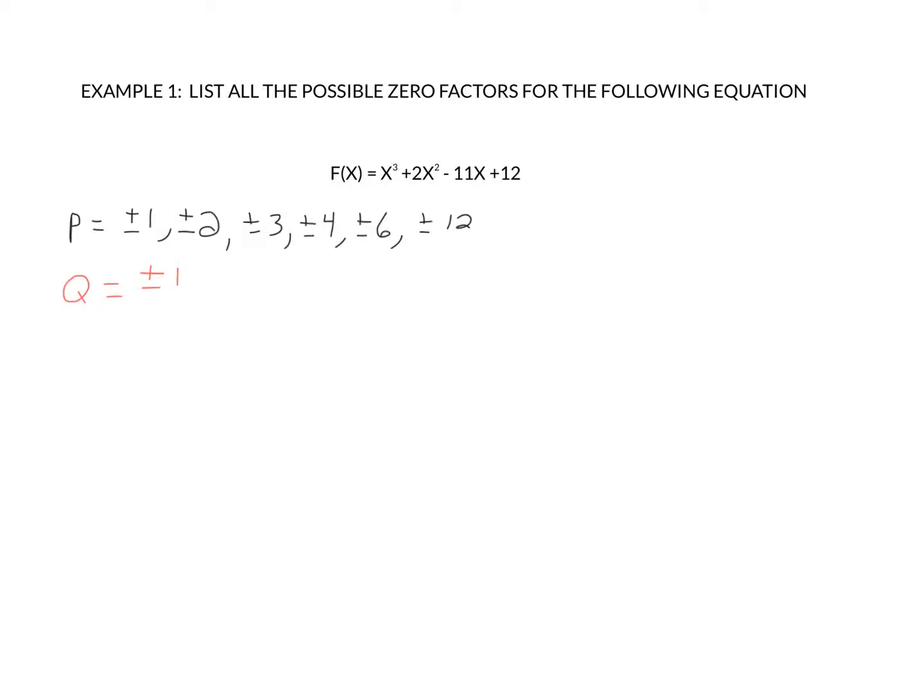So again, our possible factors are equal to plus or minus, and we're just going to take all these on the top over all these on the bottom.